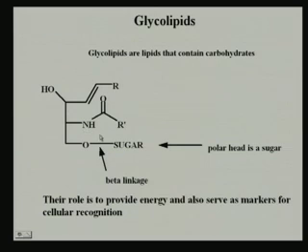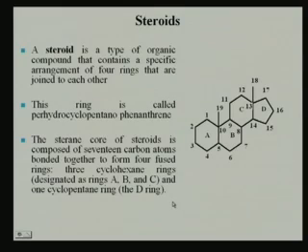So here it is attached with beta linkages, and the polar head group is the sugar. Their role is to provide energy and also act as a marker for cellular recognition. So these are the major activities of the different types of lipid molecules.